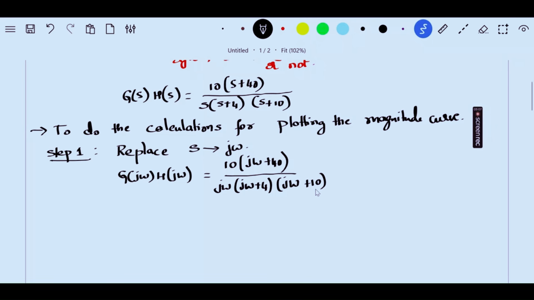Now the second step is we need to check whether the given equation is in standard format or not.